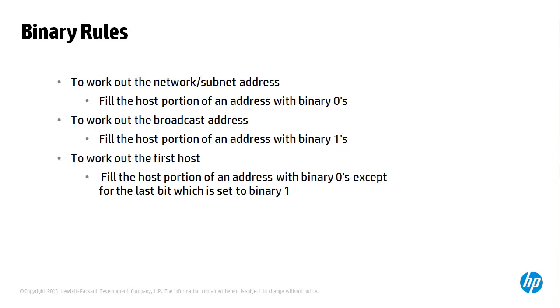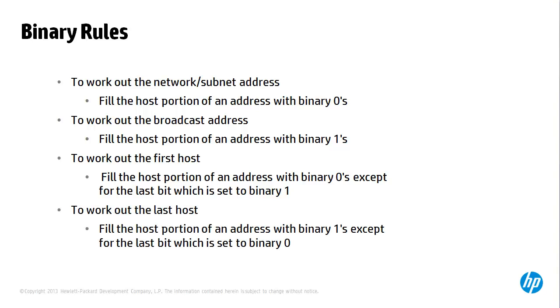To work out the first host, you fill the host portion of an address with binary 0s except for the last bit, which is set to binary 1. And lastly, to work out the last host, fill the host portion of an address with binary 1s except for the last bit, which you set to binary 0. If you remember those 4 rules, you'll be able to work out the answer to any of the previous questions very quickly.